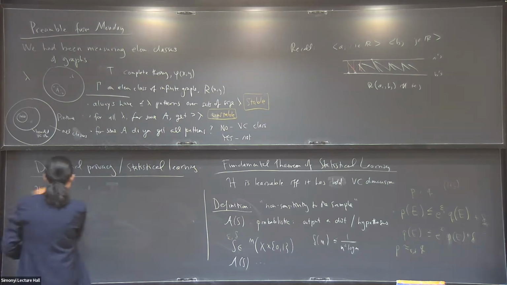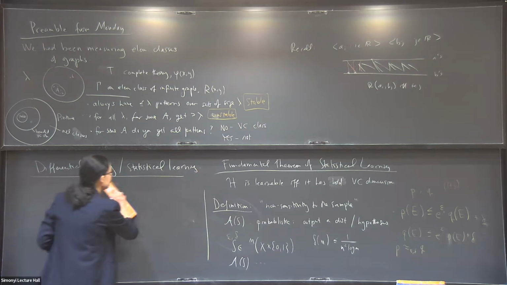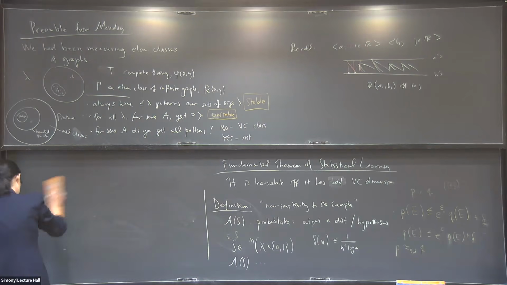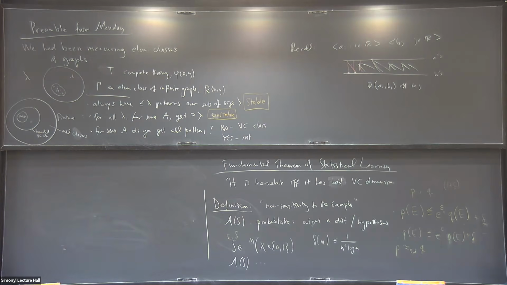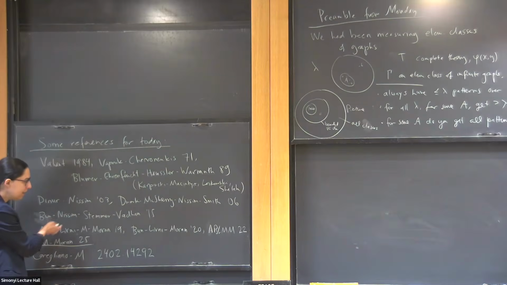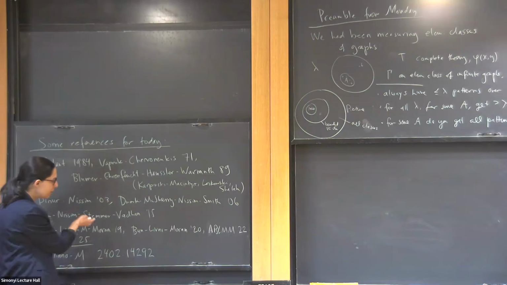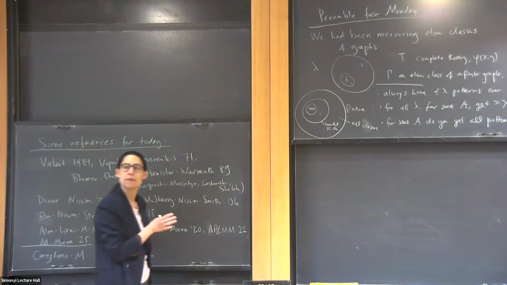We know that the fundamental theorem of statistical learning tells us that you're PAC learnable if and only if you have finite VC dimension. This is stated in a very different language because there are beautiful analogs of this already within computer science, but I would state it in my language as: you're differentially privately PAC learnable if and only if you're stable.